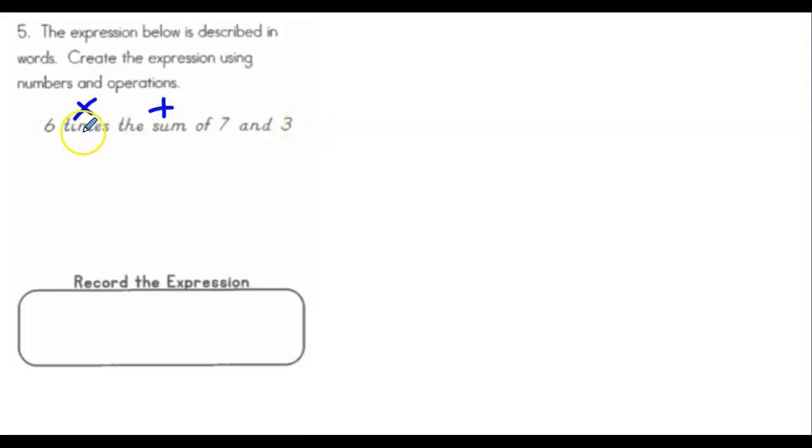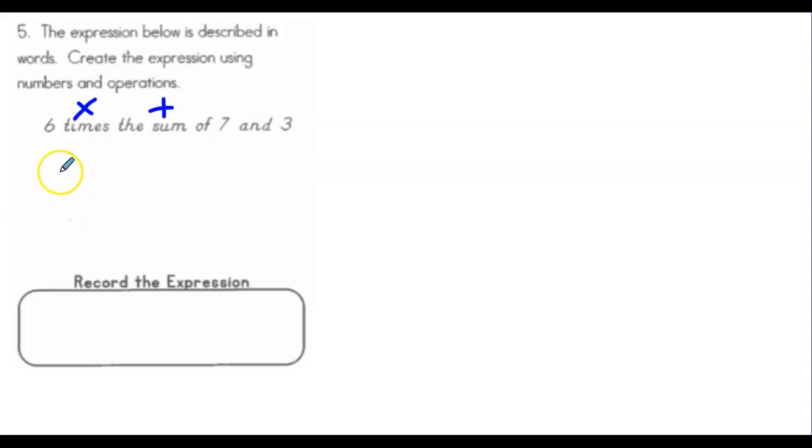So we're multiplying the sum of 7 and 3. So we have to do 7 and 3 before we multiply it by 6 because we don't know what we're multiplying it by. So how do we show the sum of 7 and 3 first before we multiply it by 6? Because remember, order of operations.